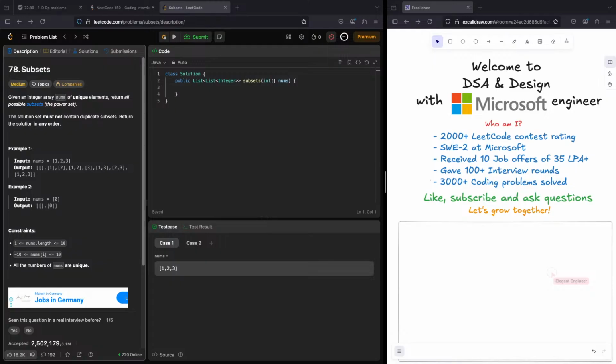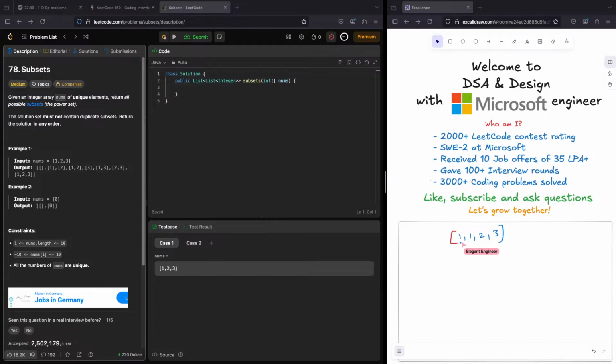So given an integer array nums, return all the possible subsets. The solution must not contain duplicate subsets. Makes sense. To avoid duplicates, first of all, I can just sort it. So if it is 1, 1, 2, 3, then 1 is one of the elements, and empty is always there.